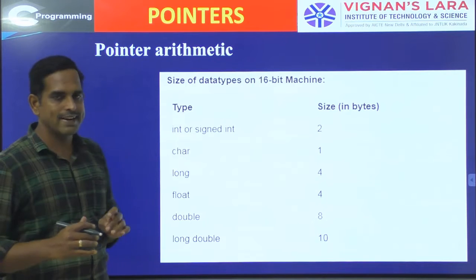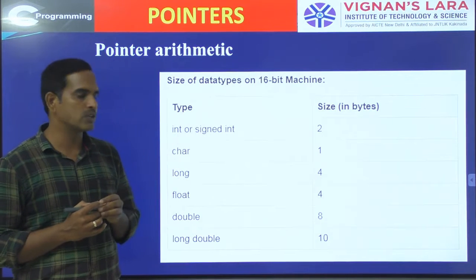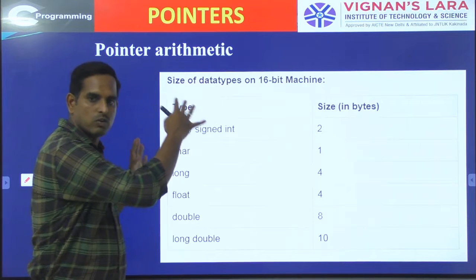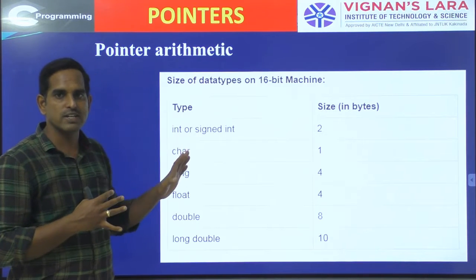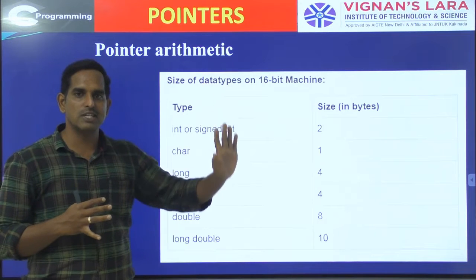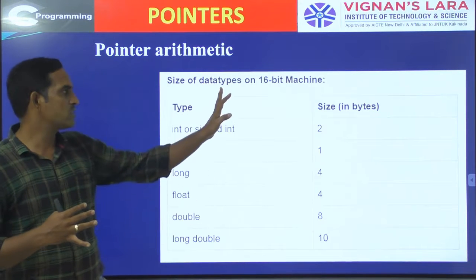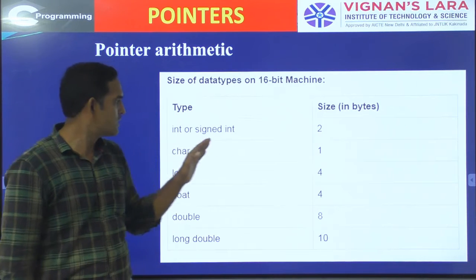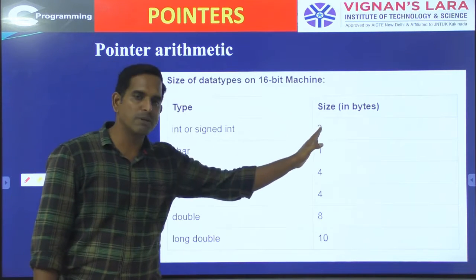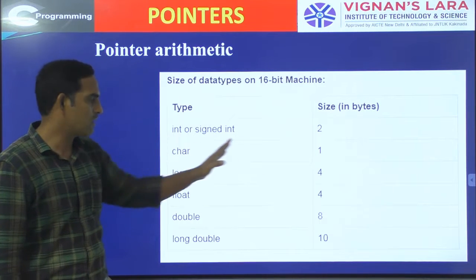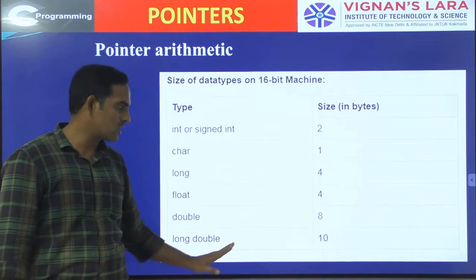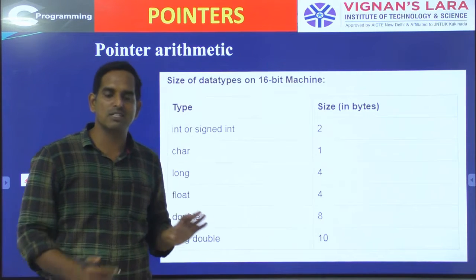To better understand the pointer arithmetic you are trying to do, you have to understand the structure of your machine, whether you are using a 16-bit machine or a 32-bit machine, and you should know the size of your particular data types. On a 16-bit machine, int is 2 bytes and char is 1 byte. Long and float are 4 bytes. Double and long double are 8 and 10 bytes respectively.